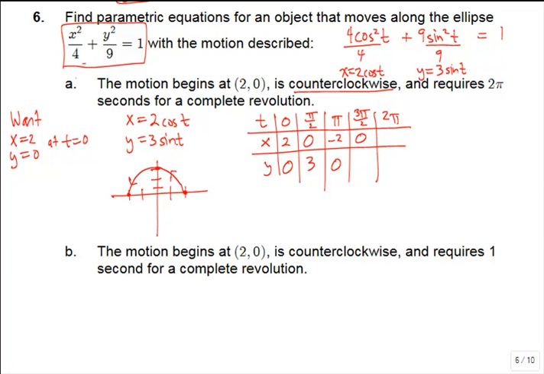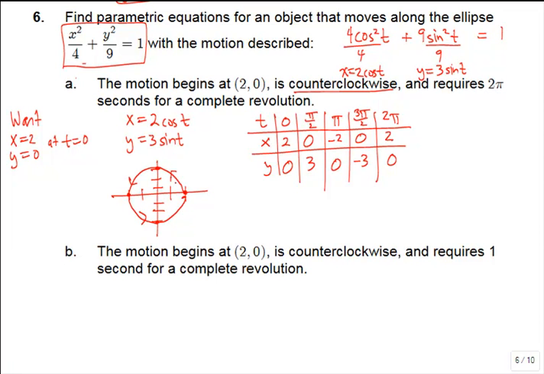And sine of 3 pi over 2 is -1 times 3, so this would be -3. So that's at (0, -3) down here. So we're continuing along this way. And if t is 2 pi, cosine of 2 pi is 1, times 2 is 2, sine of 2 pi is 0. So now we're back to (2, 0).